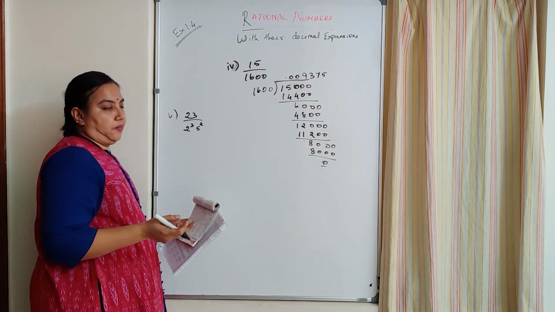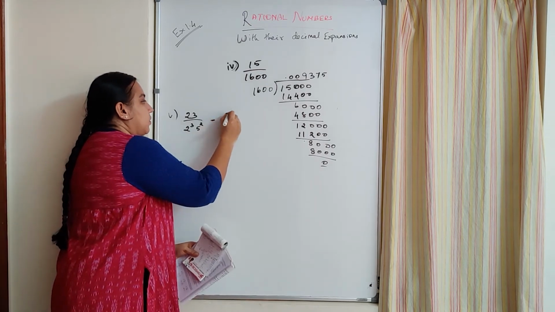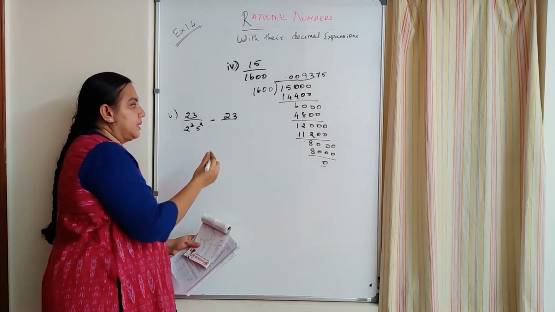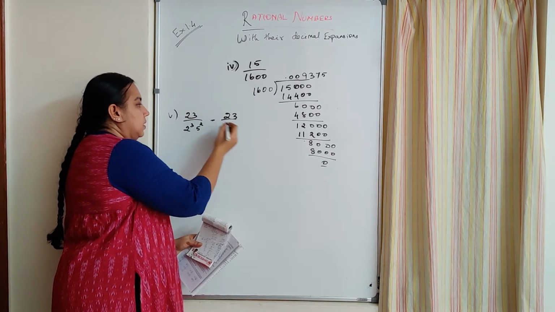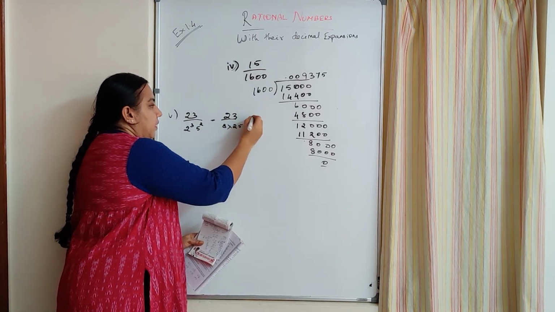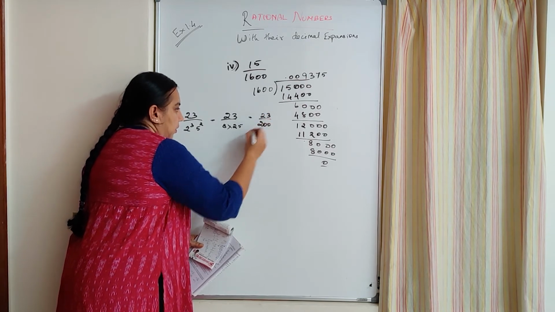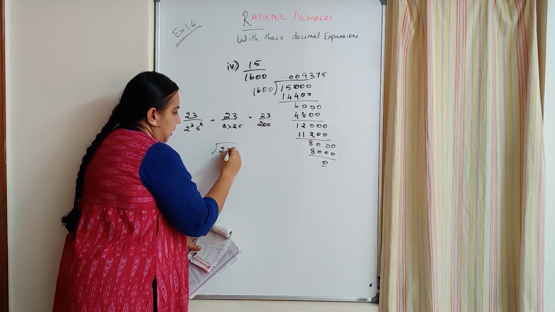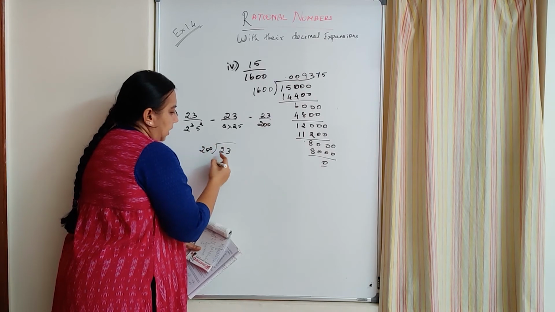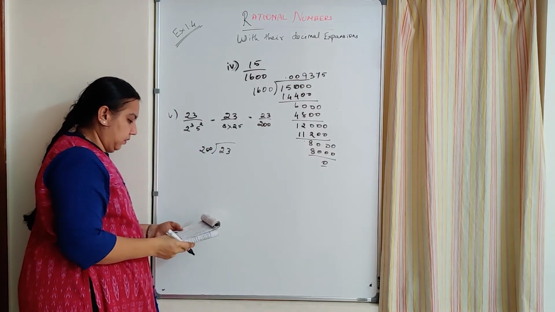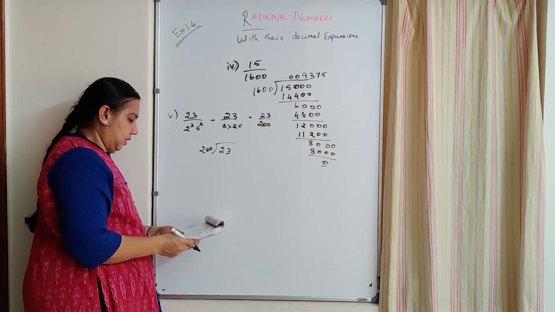Here it's not difficult again, we have to multiply it. So 2 power 3 is 8, into 5 squared is 25. 8 into 25 is 200. 23 by 200. I'm going to divide 23 by 200 now. And it has got only two digits there, so we have to keep a point in the beginning only.